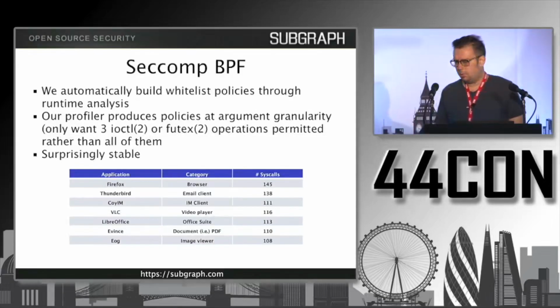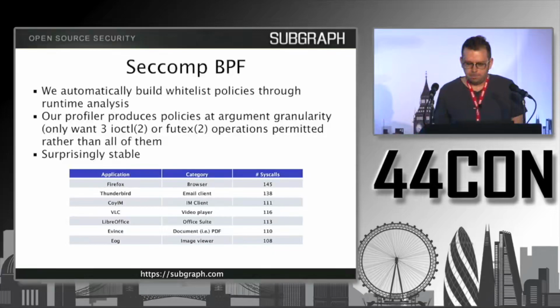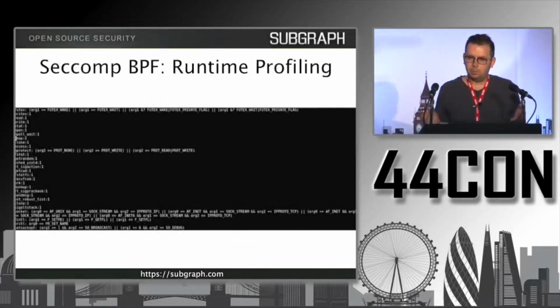So I talked about the complex system calls like, I don't know, futex or ioctl or fcntl or setsockopt. Our profiler will capture the parameters, so we can further constrain. We might allow the socket system call, but we only allow Unix domain sockets or only IPv4 sockets or something.